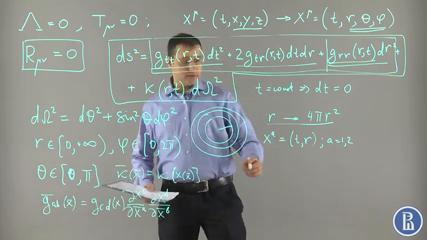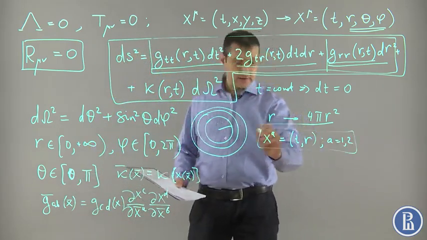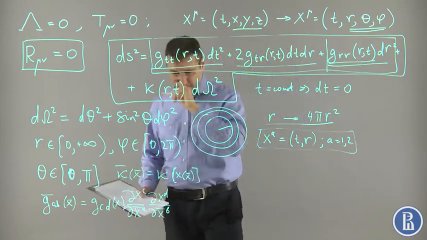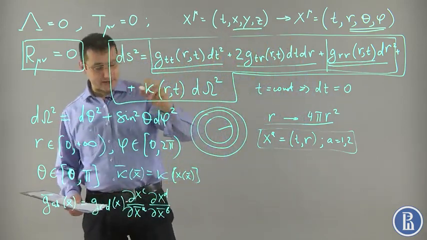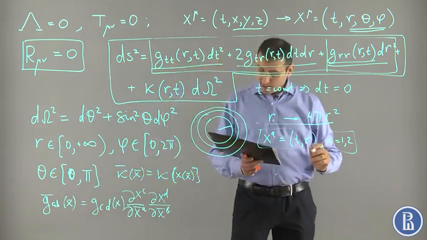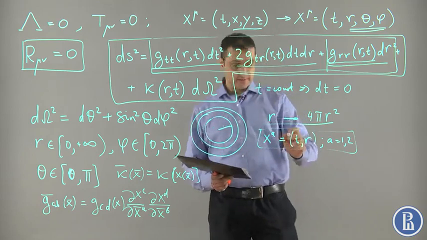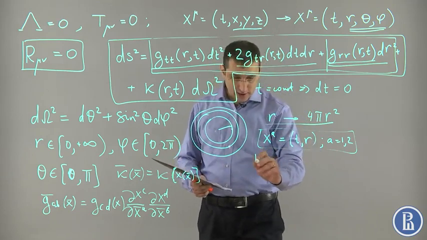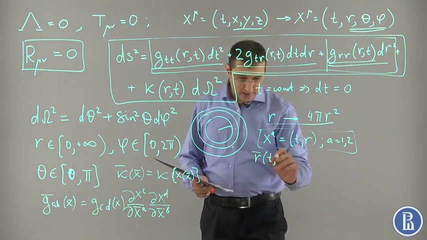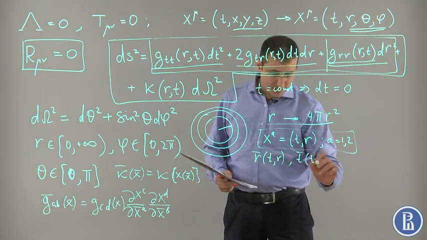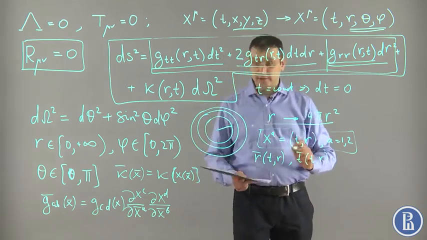So under such transformations, this part of the metric transforms as a two-dimensional tensor with two indices, and this part of the metric transforms as a scalar. So we have two functions. So basically we have two functions, r bar as a function of t and r, and t bar as a function of t and r.